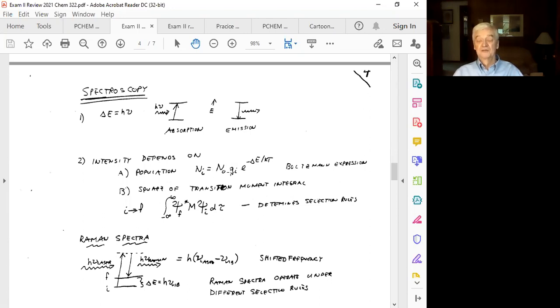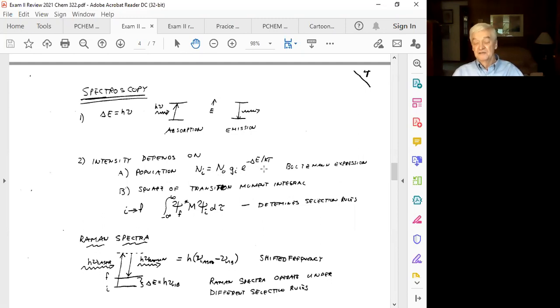You have a 2J plus 1 degeneracy, and from that, we saw whenever we looked at the rotational spectra coming from different levels with different quantum numbers J, the intensities would go up for a while because the degeneracy would go from 1 to 3 to 5 to 7 to 9 and so on. The exponential term says as you go to higher J levels, the population goes down.